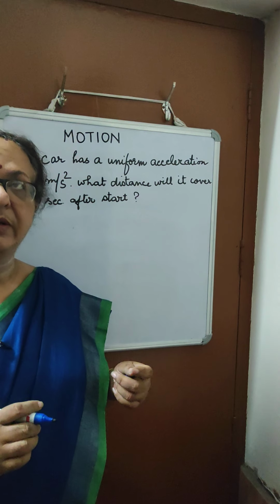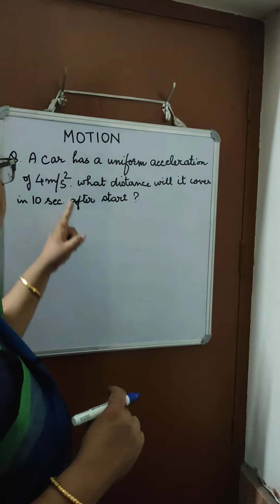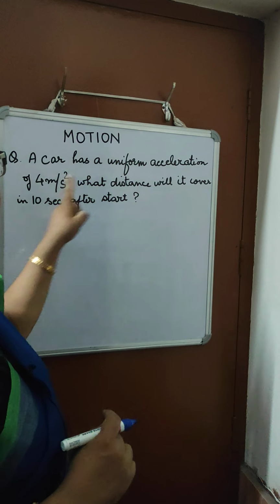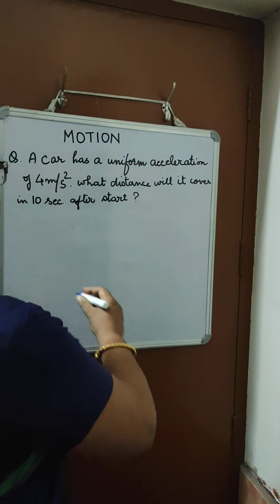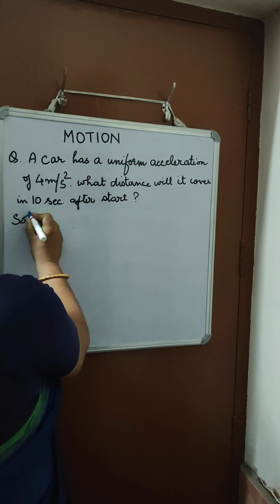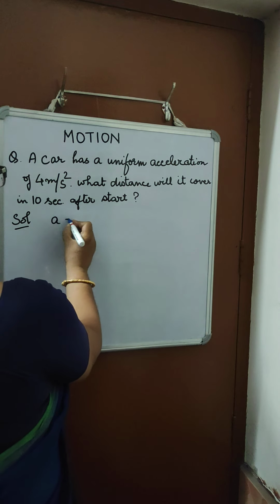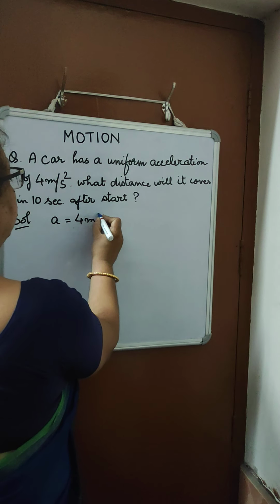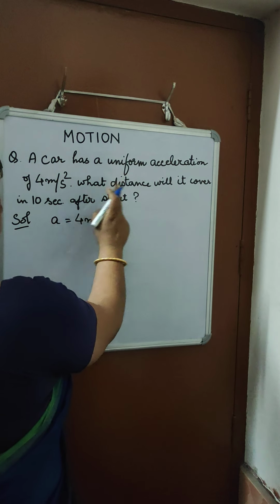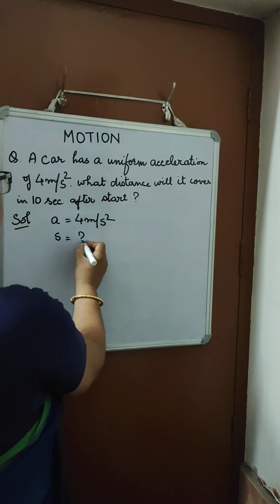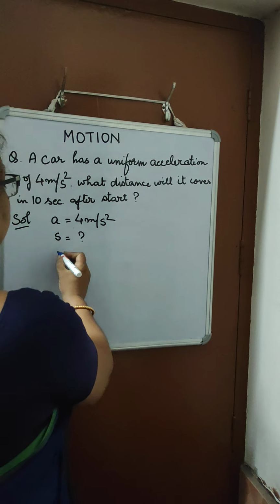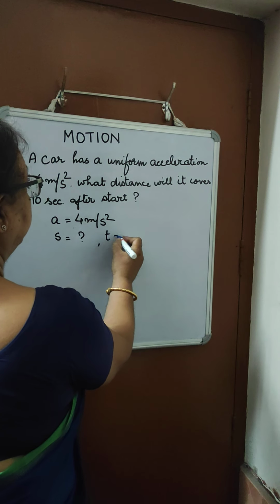Car has a uniform acceleration of 4 meter per second square. So this is the acceleration, 4 meter per second square. What distance will it cover? So you need to find the distance. 10 seconds, t is the time.